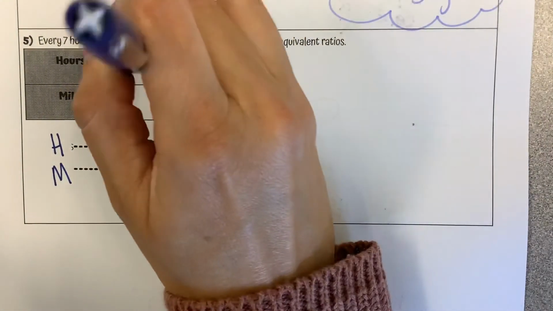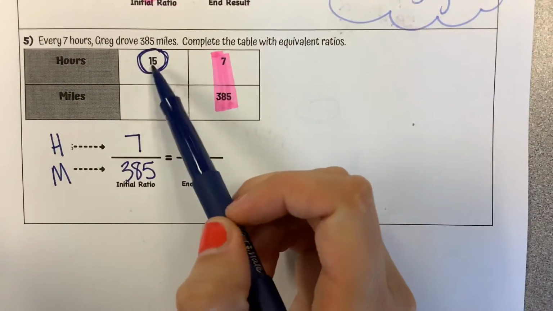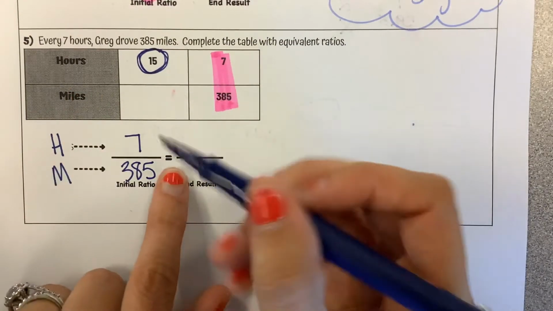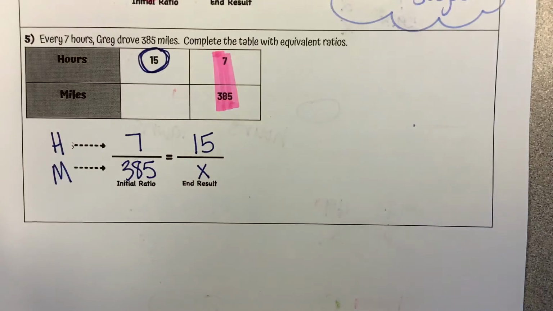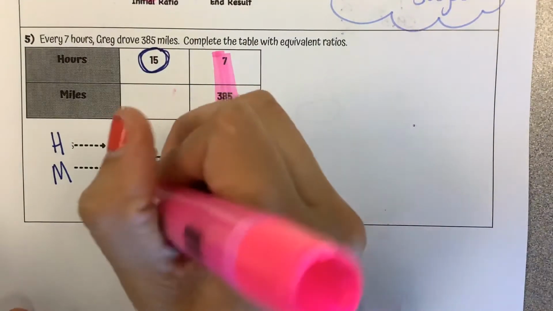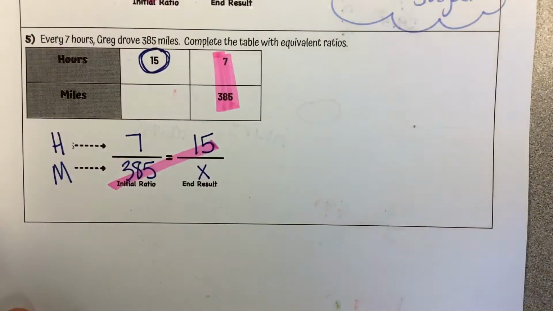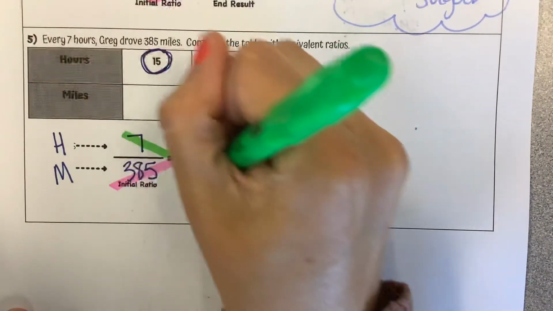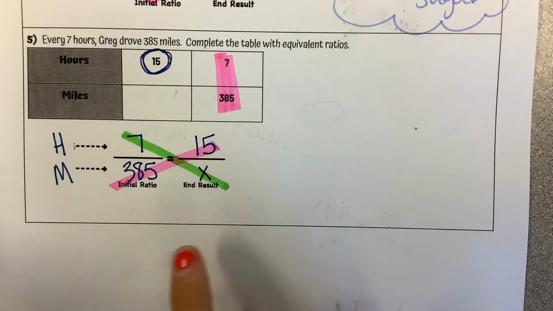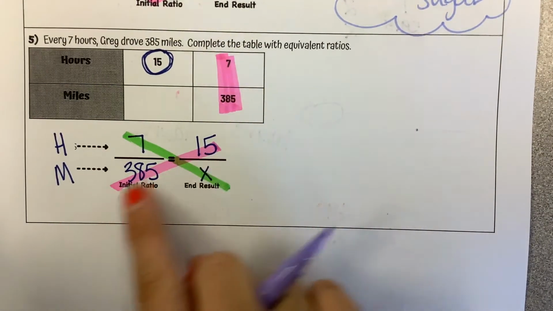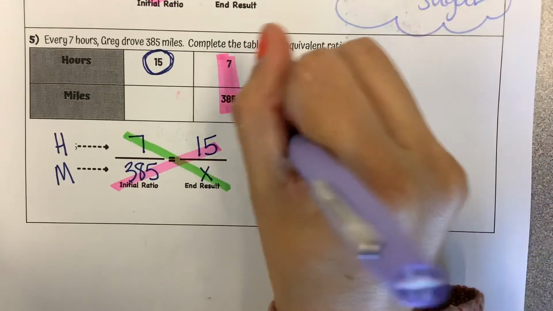And then this 15, figuring out where that plugs in. 15 is on top with hours, so I'm gonna keep it on top with hours here, which means we are solving for the miles. And let's go ahead and solve our proportion. The diagonal that has 2 numbers in it is this one right here, which is 385 and 15.